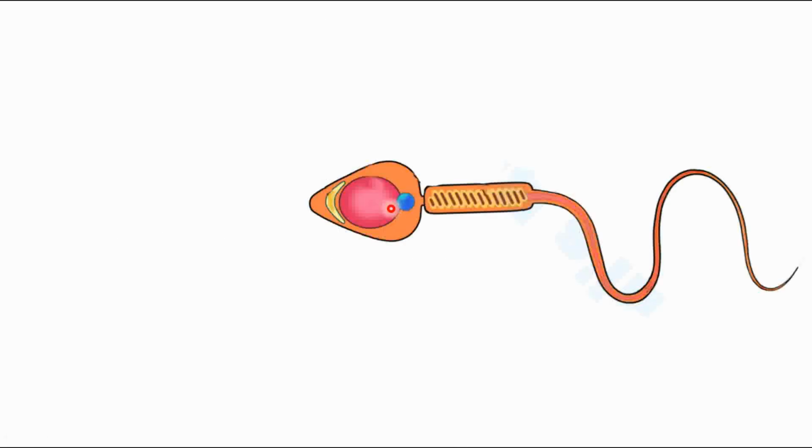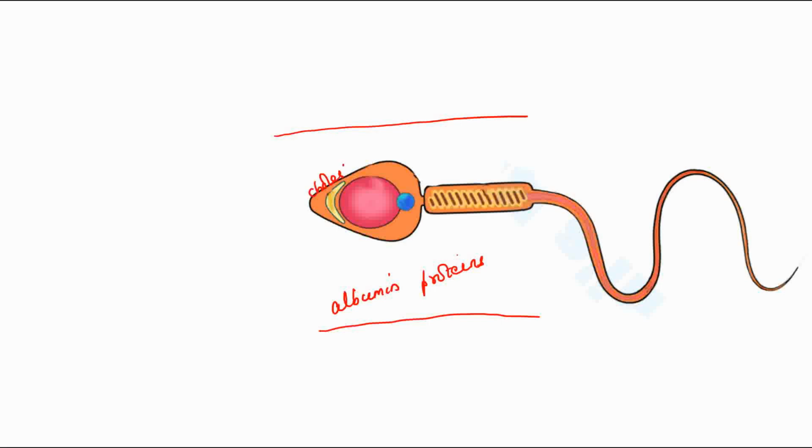As the sperm enters the female reproductive tract, some albumin proteins in the female reproductive tract result in the removal of cholesterol from the sperm plasma membrane.